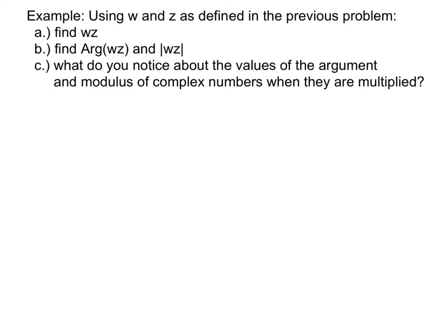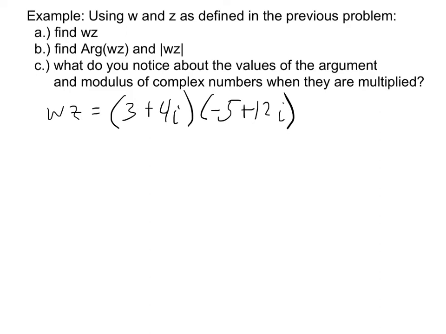So for part A, when we find WZ, we're going to need to do 3 plus 4i times negative 5 plus 12i, which means we'll go through the full FOIL process. This is going to be negative 15 plus 36i minus 20i plus 48i squared.